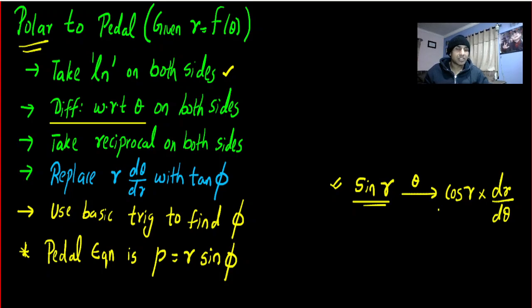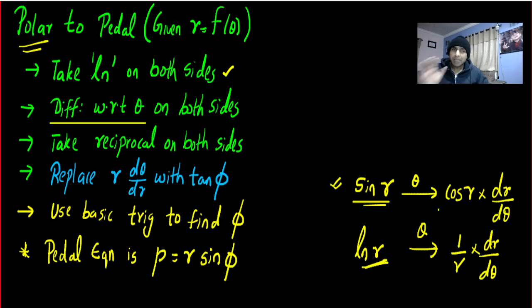Or you just imagine you want to differentiate log r with respect to theta. Very easy. Log something. So that will be 1 by r. But don't stop with that. We are differentiating with respect to another variable. So we end up like multiplying by dr by d theta, and this is an immediate consequence of chain rule.